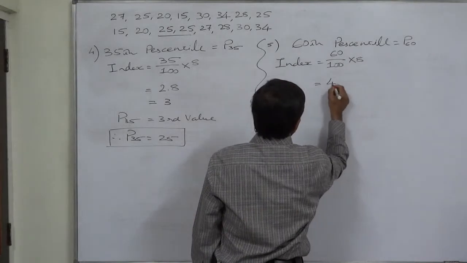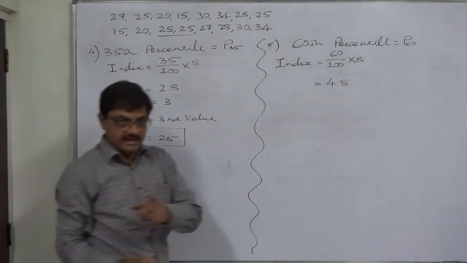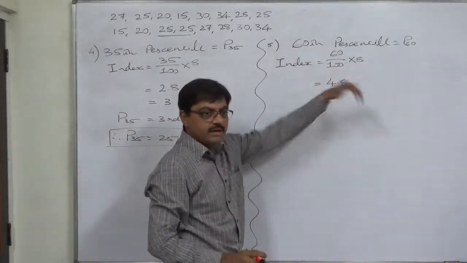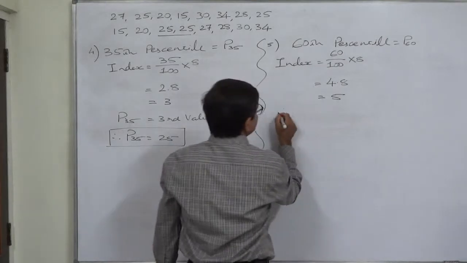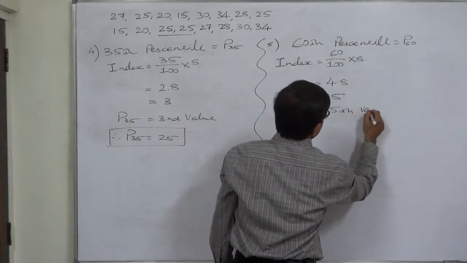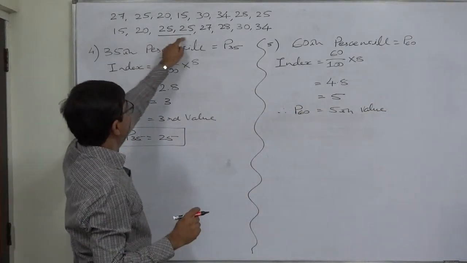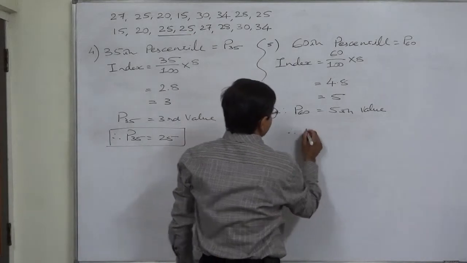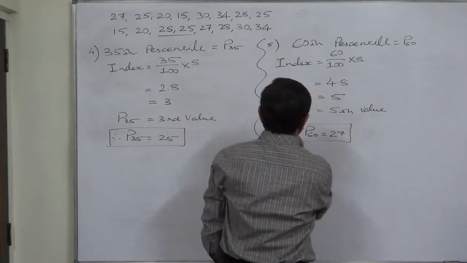It comes to 4.8. Again the situation is the same. The index is not an integer, so we go to the next integer value, that is 5. That means P60 is the fifth data value. And what is the fifth data value? 1, 2, 3, 4, 5. It is 27. So P60 equals 27.